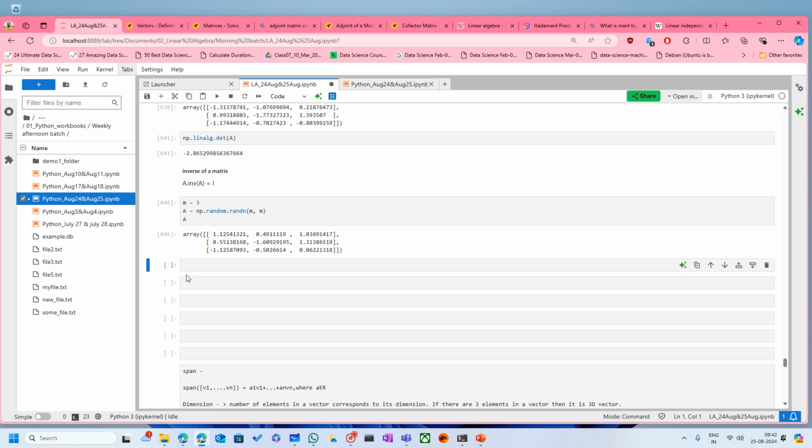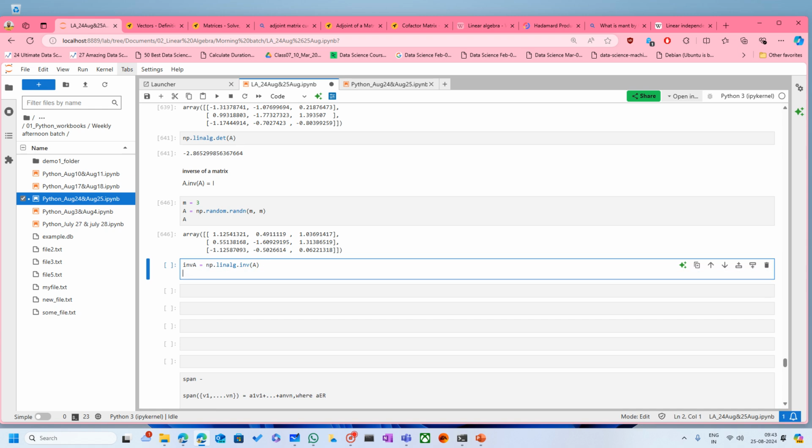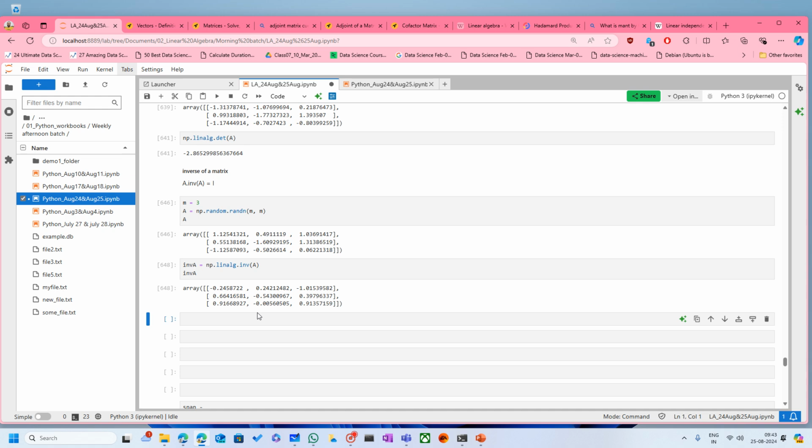To calculate its inverse, I will type inv_a, which is nothing but np.linalg.inv of A. You have inverse directly there, and if you calculate inv of A, you'll get the inverse matrix directly.